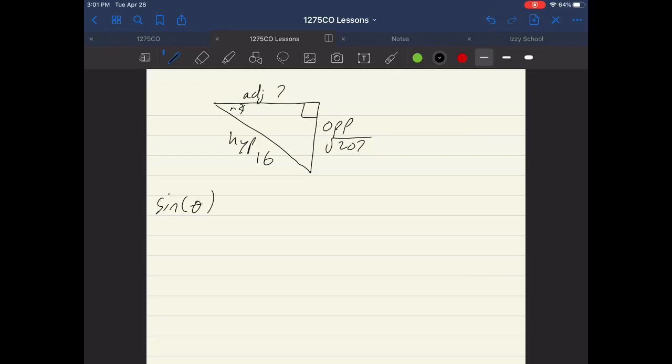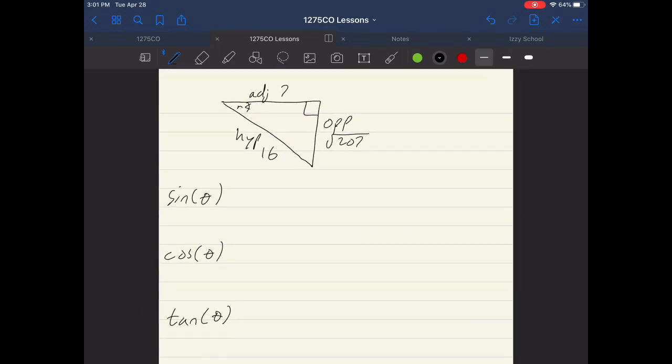The sine of theta, the cosine of theta, and the tangent of theta are our 3 main trig functions. We already know that the cosine of theta is equal to 7 over 16. That's what we were told. But now using opposite over hypotenuse, we can find the sine of theta to be radical 207 over 16.